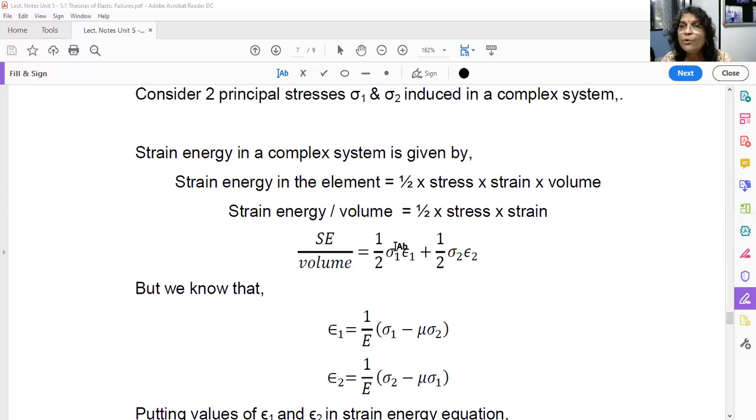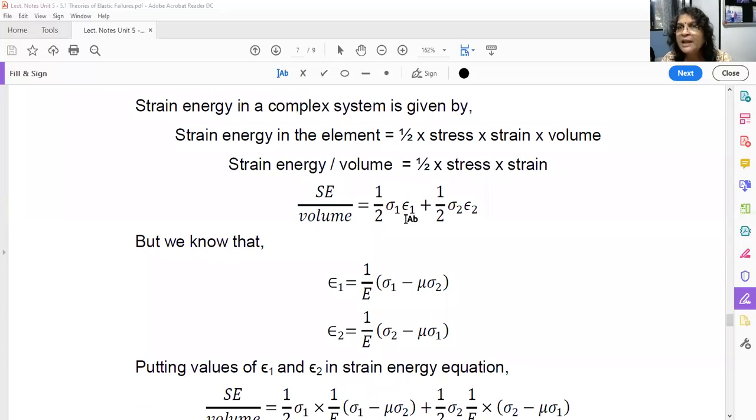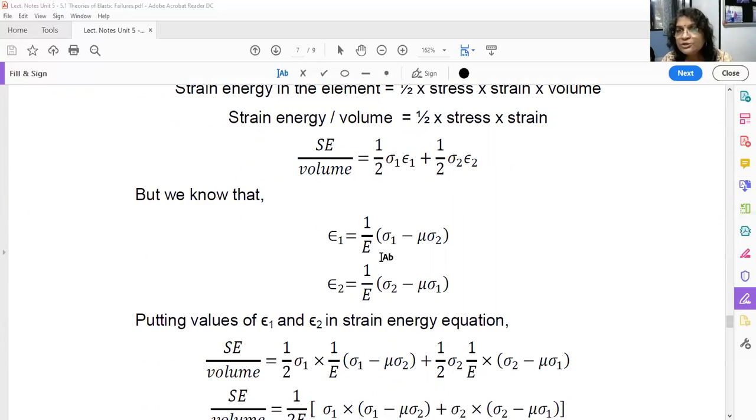Now we have to replace epsilon 1 and epsilon 2 and write them in terms of stress. You have also learned in unit number 1 how to determine the maximum and minimum principal strain. So epsilon 1 is equal to 1 upon E into (sigma 1 minus mu sigma 2), and epsilon 2 is equal to 1 upon E into (sigma 2 minus mu sigma 1). E is the modulus of elasticity, sigma 1 and sigma 2 are the principal stresses, and mu is Poisson's ratio.